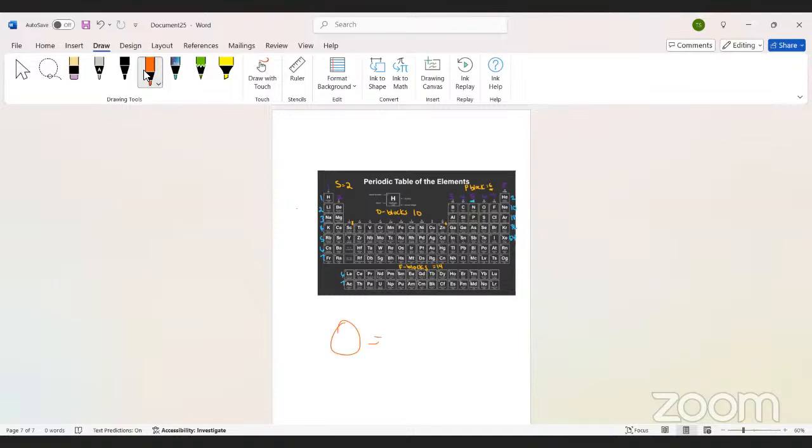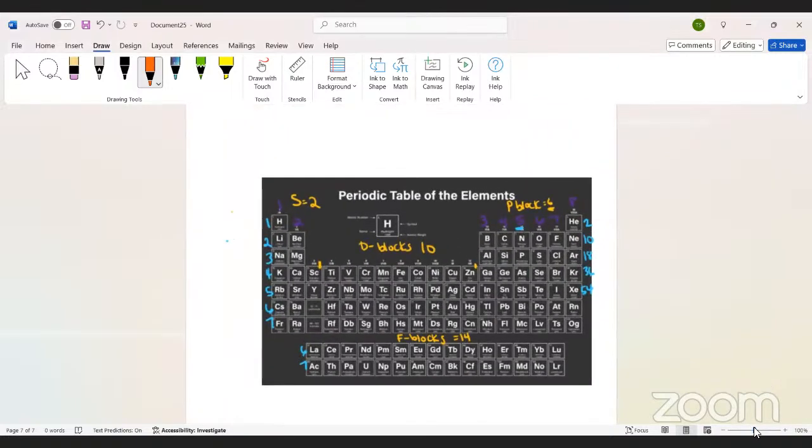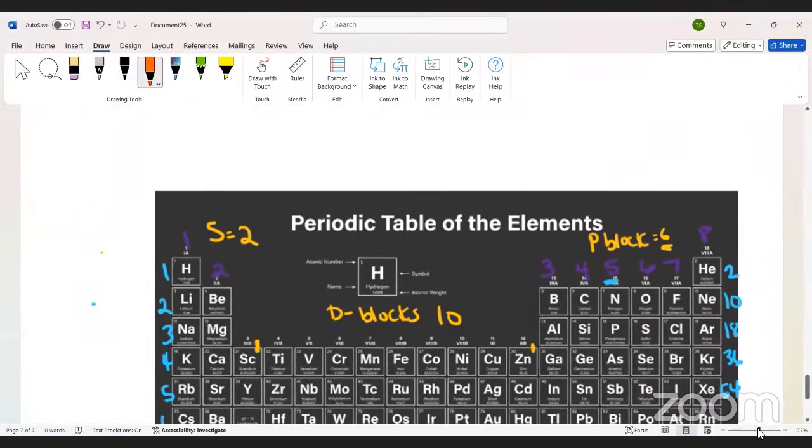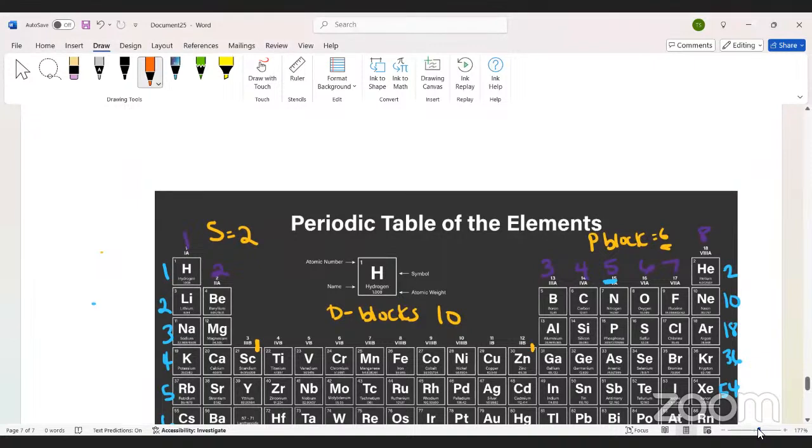And remember how we were talking earlier about valence electrons? You're going to see how all of this makes sense. If we zoom into oxygen, how many electrons, not valence, but how many electrons does oxygen have? Oxygen has 8 electrons, right? Keep that in mind.